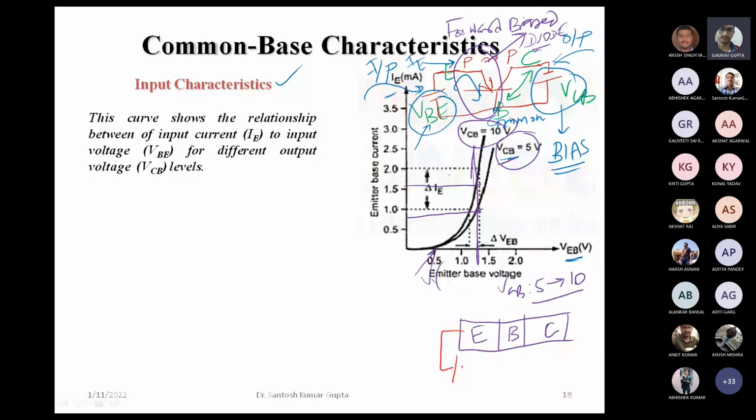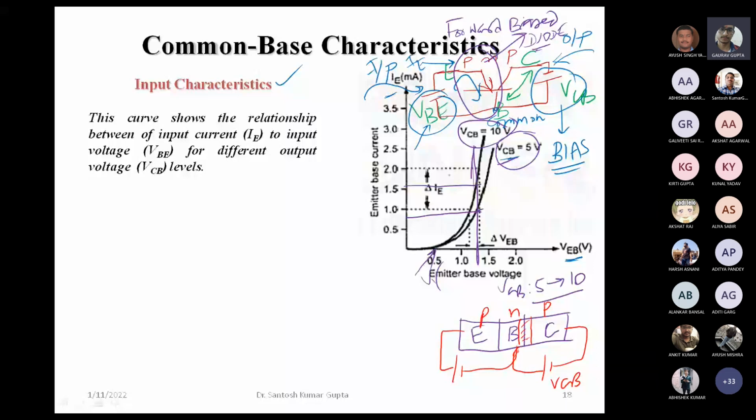This is a PNP transistor, and this is reverse biased here, the base-collector junction. So for a given value of VCB, we will have a certain depletion region at the collector-base junction, because this is reverse biased in normal operation, whereas the emitter junction is forward biased.